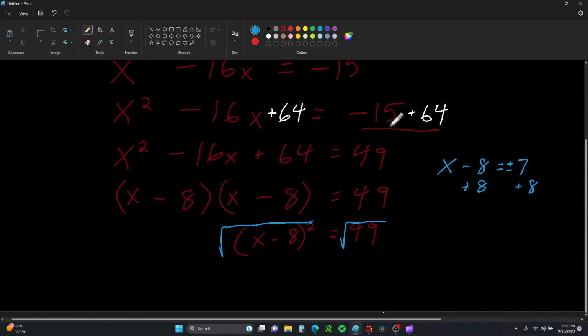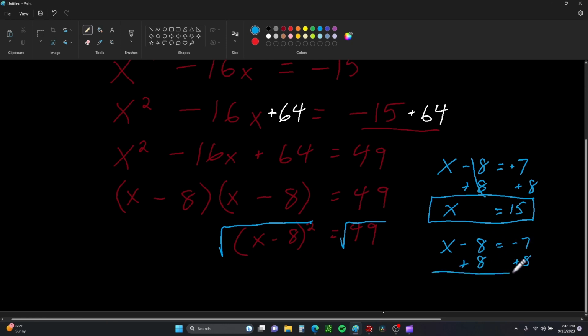We'll do it first as positive. So I have x, these add up to 0, equals 15. That's one solution. And then the other one is when the 7 is negative, and I add 8 to both sides here. And what I get is x equals 1. So those are the two possible solutions for this.